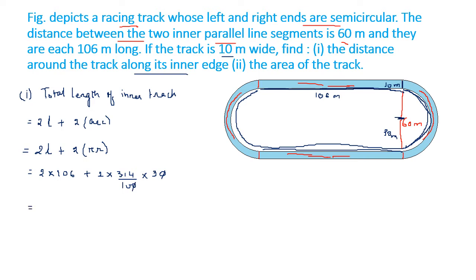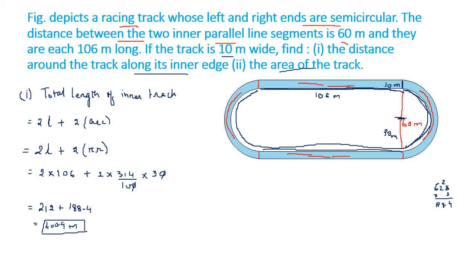So we have 212 plus 314 into 2 is 628, 628 into 3, 24, 3 2s are 6 and 2 8, 3 6 are 18. So we got 1884 upon 10, that is this. So we have it 400.4 meter is the length of the inner track, 400.4 meter.